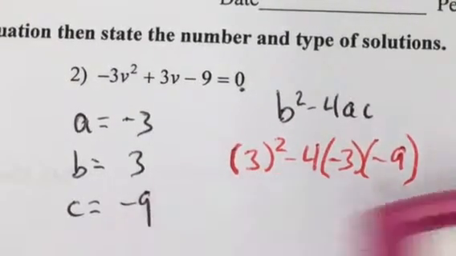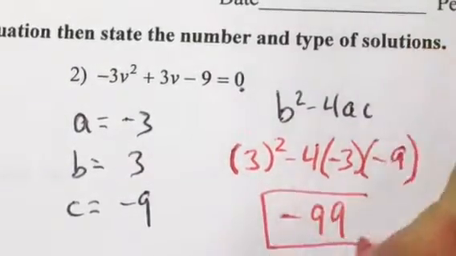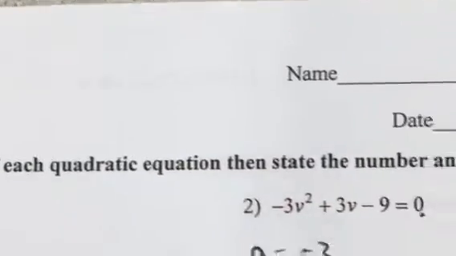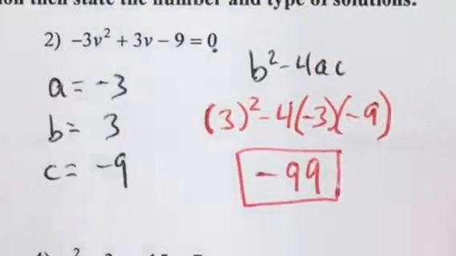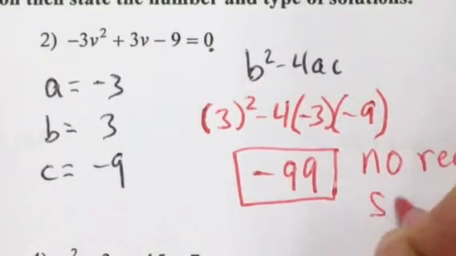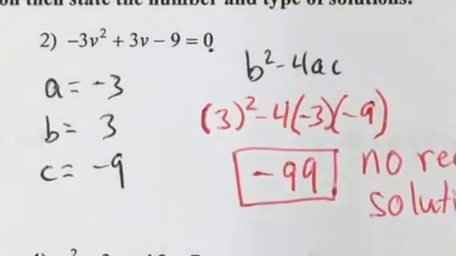My discriminant is -99. So here the directions say find the discriminant of each equation, then state the number and type of solutions. No real solutions. Okay, that one came out like that.